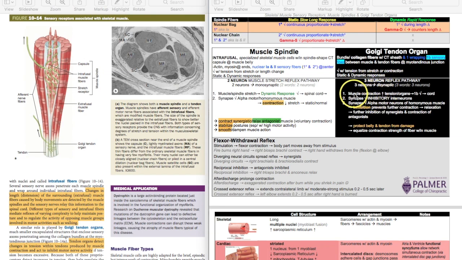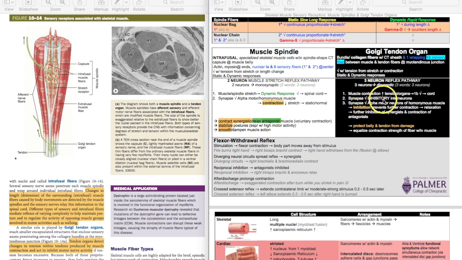The basic steps would be that the muscle contracts. This would increase tension and tug on those Golgi tendon organs. This 1B sensory fiber is going to fire off and send an impulse to the cord, where it will synapse with an inhibitory neuron, or inhibitory interneuron, excuse me.